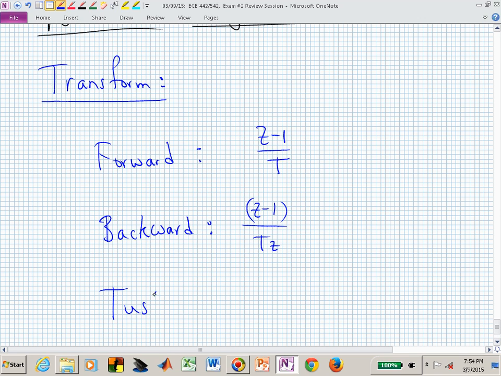or using the MATLAB terminology, you could be asked to do the Tustin, or the bilinear, or the trapezoidal, and then you're dealing with Z minus 1 over T, and then it's sort of this Z plus 1 over 2, or you now have this 2 over T, Z minus 1 over Z plus 1.